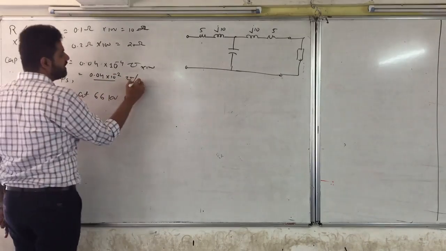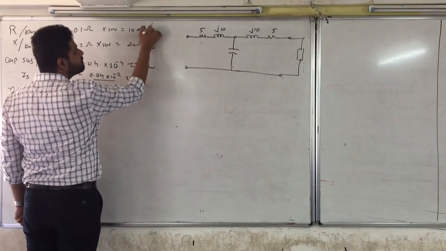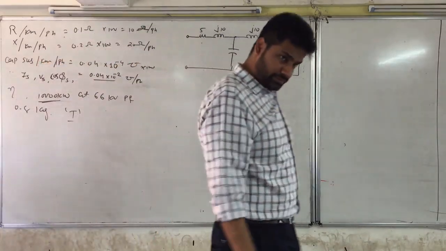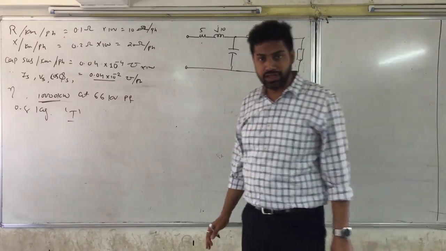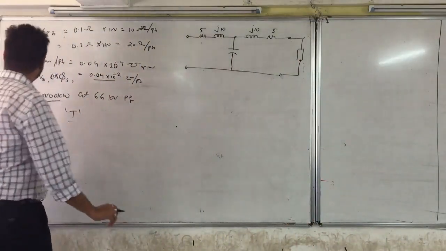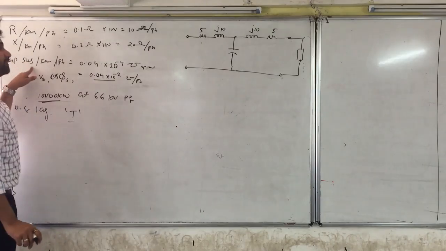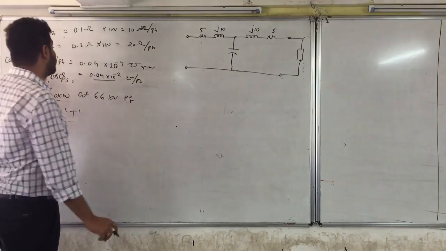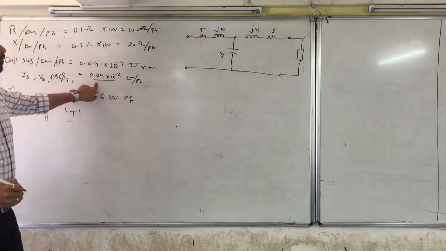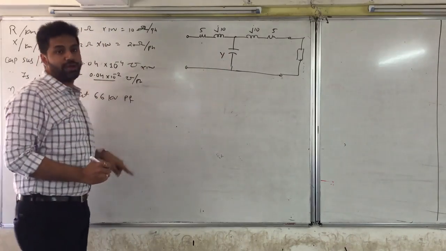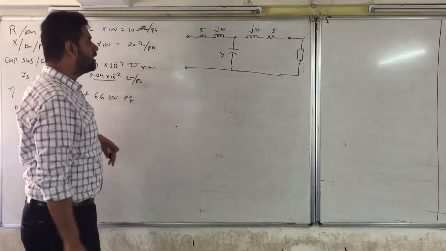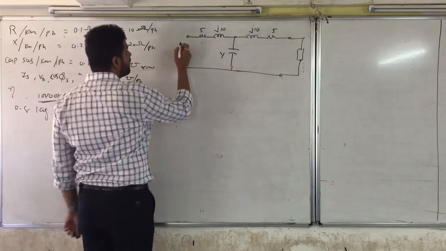You multiply by the kilometers. Now, the capacitive susceptance, that is the value of Y: the total Y is 0.04 into 10 to the power minus 2. Any doubt on this? I'm not writing this out, as it would unnecessarily take a huge amount of space.